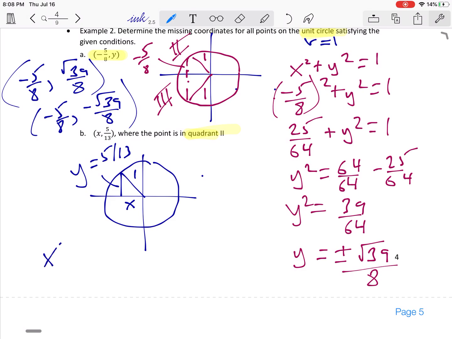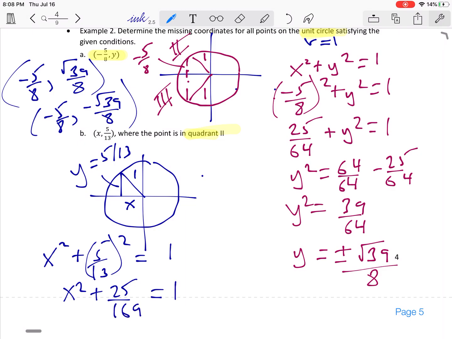We've got x squared plus 5 over 13 squared equal to 1 squared, which is this 1, and then x squared plus 25 over 169 equals 1.